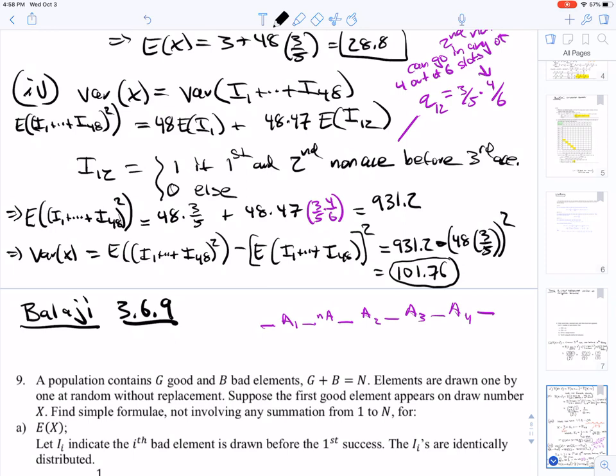So I have 4 slots that the second non-ace can fit into, equally likely. So it's 4 out of 6, and then we can compute the variance of X straightforwardly.